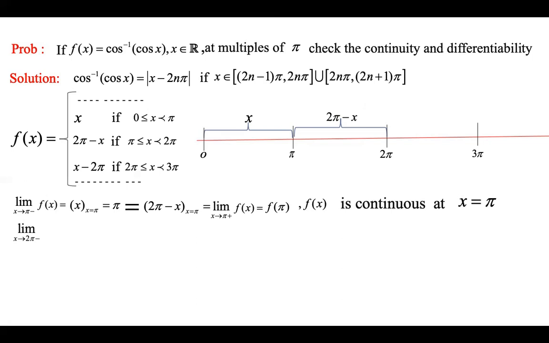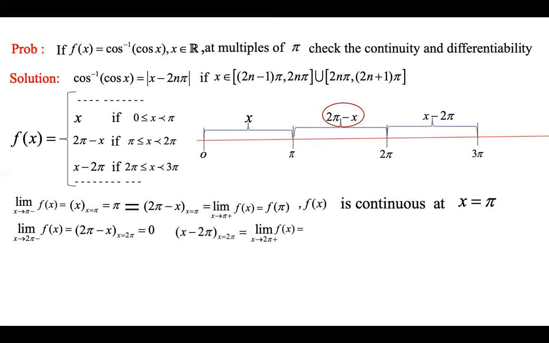Let us check it at 2 pi. As x tends to 2 pi minus, that is the left limit of the function at 2 pi. On the left side of 2 pi the function formula is given by 2 pi minus x, evaluated at 2 pi. So 2 pi minus 2 pi is 0. And now the right limit at 2 pi I am calculating. The formula is given by x minus 2 pi, evaluated at 2 pi.